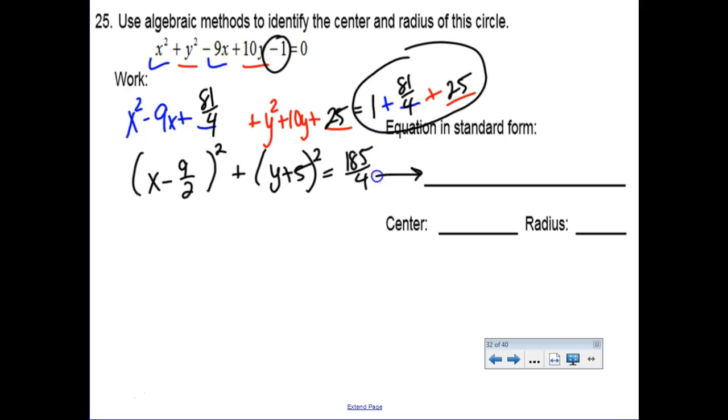So that is your equation in standard form. The center is located at h, k, so positive 9 halves, comma, -5. And the radius is the square root of this number, so it's the square root of 185/2. Now typically the radius comes out prettier than that, but whatever.